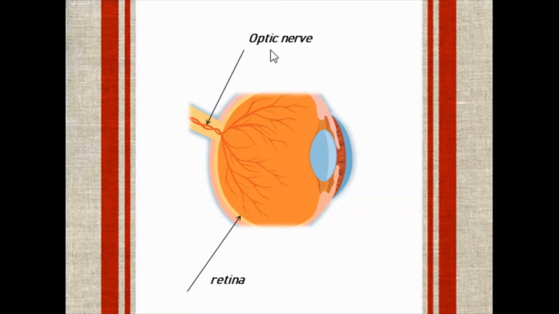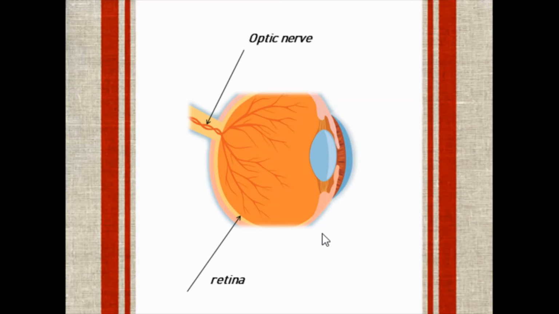Both the optic nerve and the retina function so that nerve impulses can be transmitted towards the brain. So these inner parts are responsible for nerve transmission so that the brain can interpret what you see in the environment.